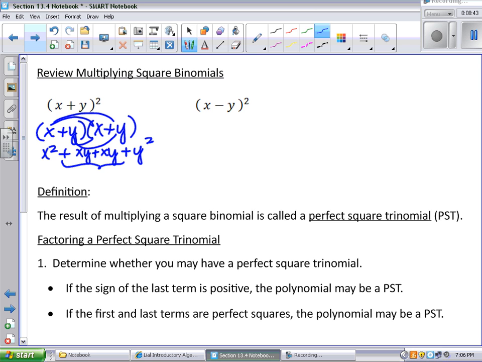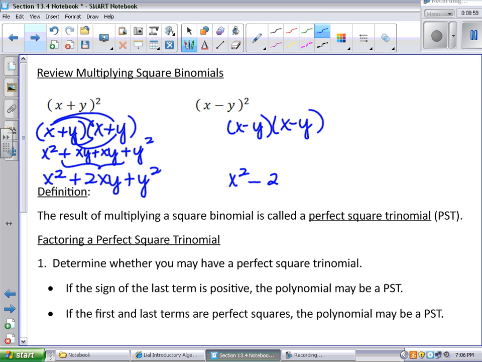Combining the middle terms, we get x squared plus 2xy plus y squared. And similarly, when we do x minus y times x minus y, we will get x squared minus 2xy plus y squared.